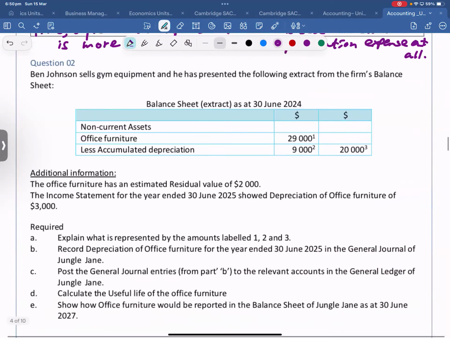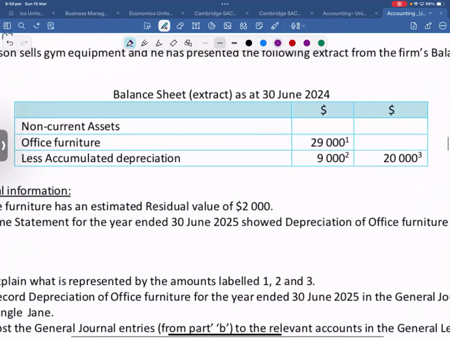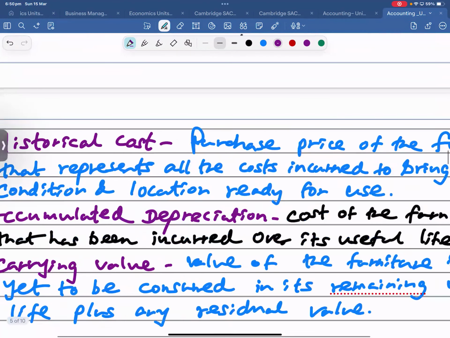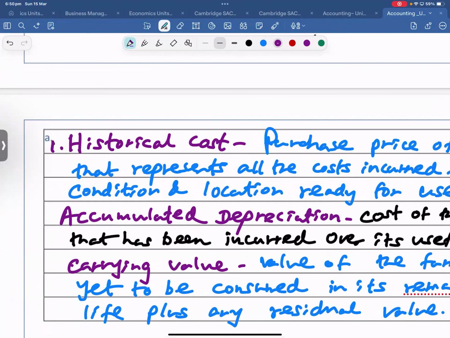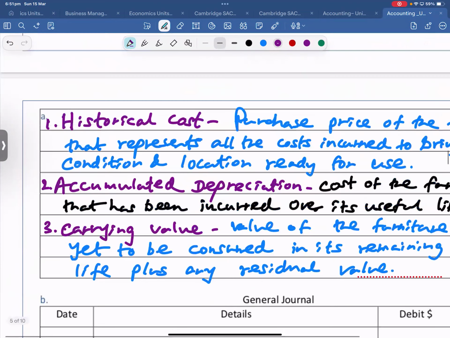Okay, guys. Now what is number one here? Historical cost. Number two, accumulated depreciation. Three, carrying value. Number one, two, and three. Right. Then what's the double entry for part B?